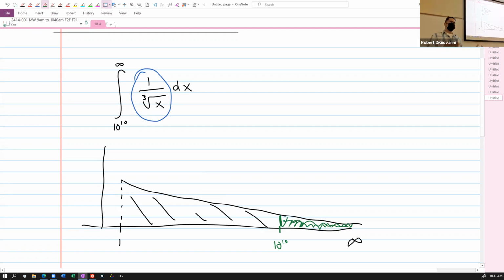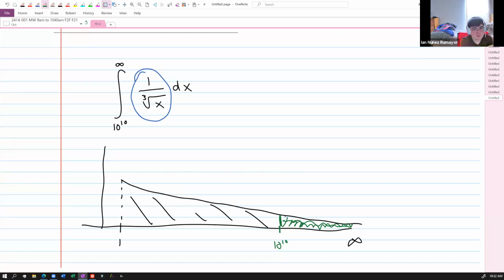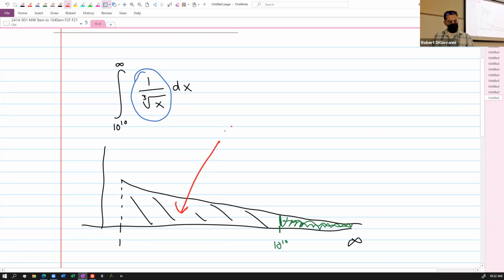So the question becomes, if you move further down from 1, does that change the convergence or divergence? What do you think? No, it doesn't. And here's why. This piece right here, isn't that finite? From here to here, that's a finite number. But we know that because the p here is 1/3, this is divergent.